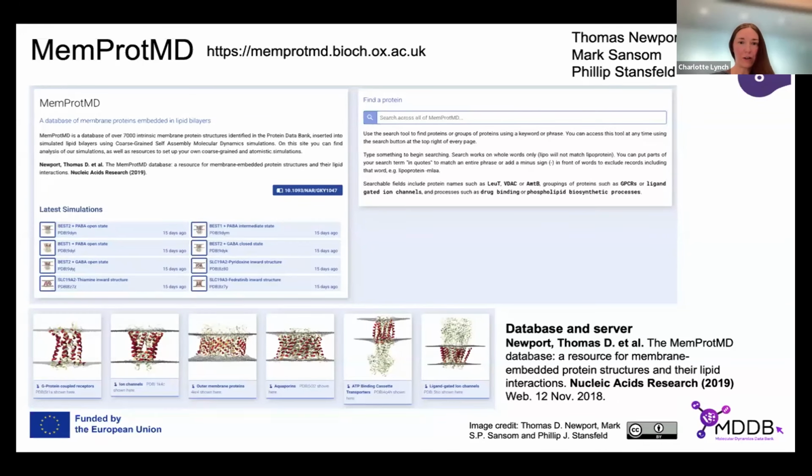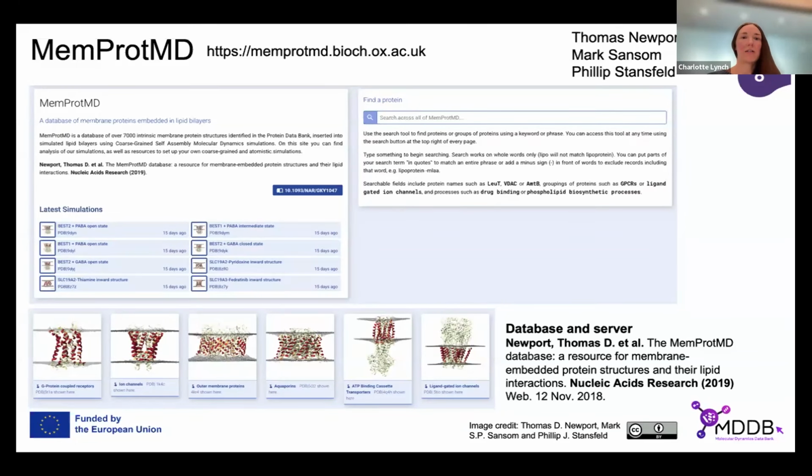And the reason why this came about is that, to begin with, the crystal structures aren't given in their lipid environment, and so you're missing out on looking at the different interactions between the protein and the lipids. And also, if you were to run your own molecular dynamics simulations of membrane proteins, then embedding that protein into a lipid bilayer is non-trivial.